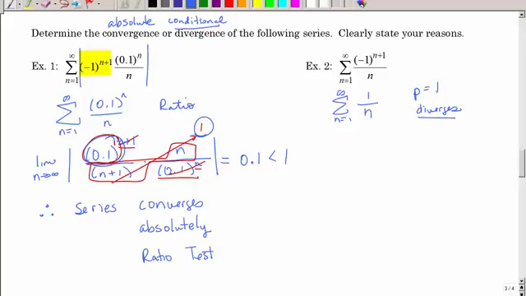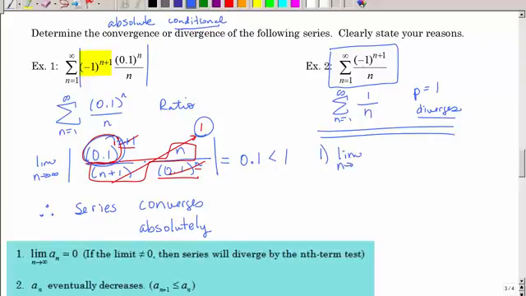If that diverges, you're going to go back to the original series with that -1. What kind of series is that? When you have -1, +1, -1, that's an alternating series. So I'm going to use the alternating series test. Two conditions. Condition 1, the limit of the stuff without the negatives has to equal 0, which it does. The second condition is that it has to be decreasing, so the n+1 term has to be smaller than the nth term.